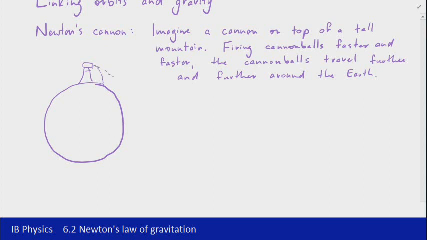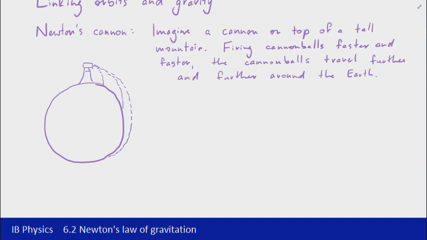Fire it a little bit more quickly, and it might be able to reach further around. Fire it faster again, and you see that the cannonball can start to end up reaching the opposite side of the Earth. Now we could continue that with any sort of speed up to a particular speed, and we could see what would happen with the motion of the cannonballs moving further around the Earth.